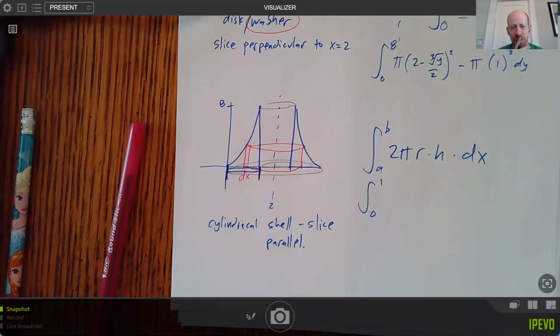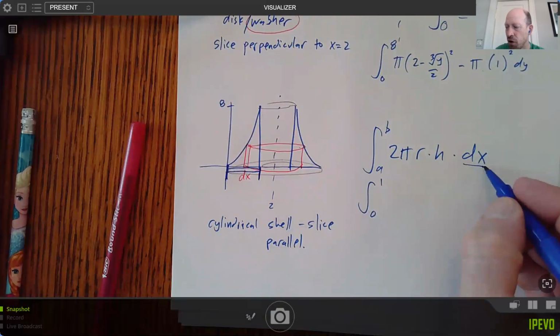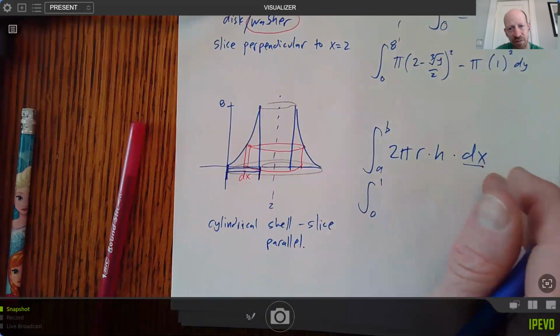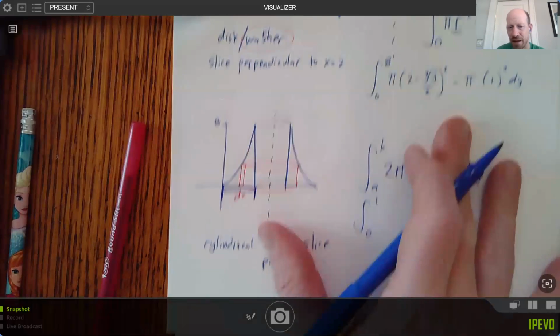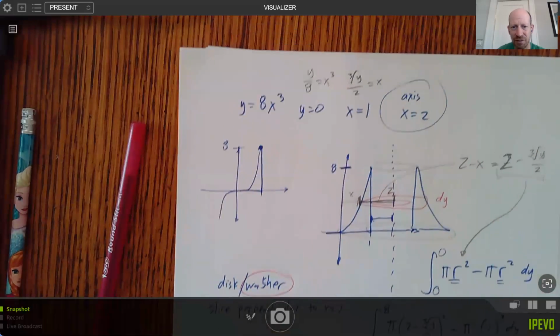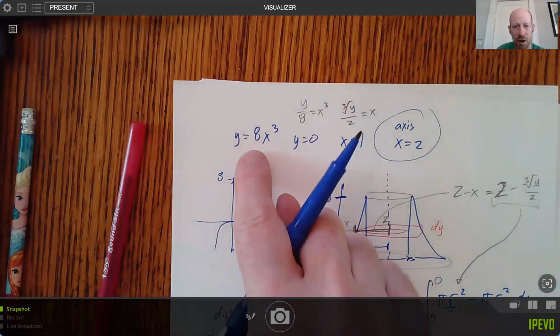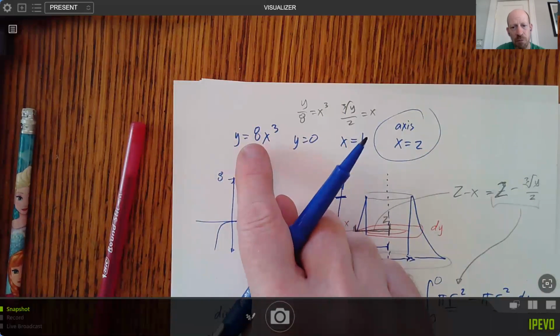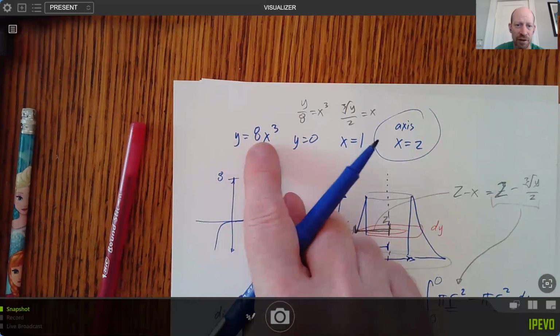What does make a difference in how I set up the problem is that because this is dx, all the y values need to be changed to x's. And that's actually nicer here because the function is already set up with y in terms of x. So even before I got started with this problem, this function would have told me that I probably am going to prefer dx in this situation, because it's easy to change y values to x values.